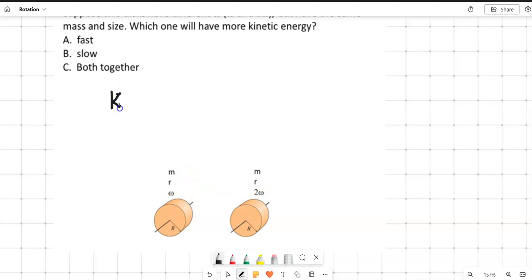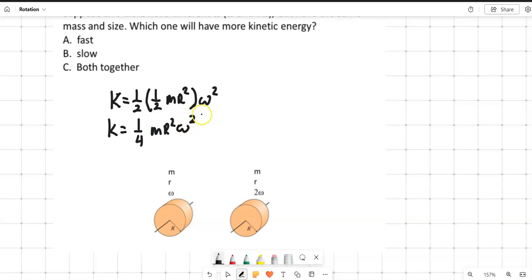Okay, we're back. This right-hand side object is going to have a kinetic energy, which is going to be 1/2 mr squared, and it's spinning at just omega that we're squaring. So this kinetic energy is going to be equal to 1/4 mr squared omega squared.